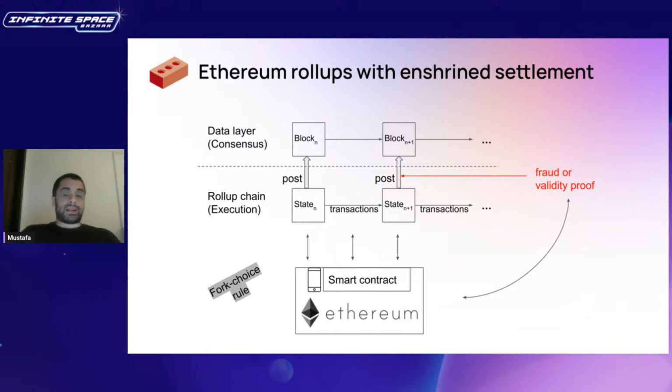And that basically defines what the transaction validity rules of that rollup are. So for example, things like what transactions are valid and what transactions are invalid. And so that means ultimately it's the Ethereum smart contract that defines what transactions are valid or invalid, according to the fraud or validity proof system.